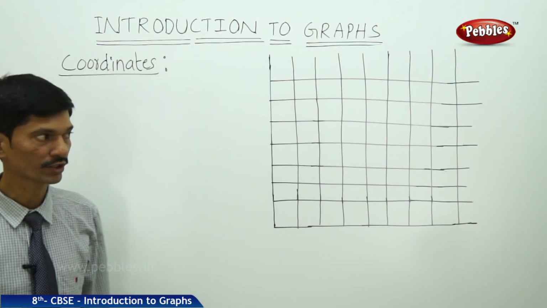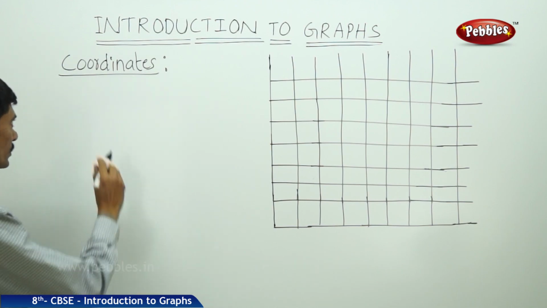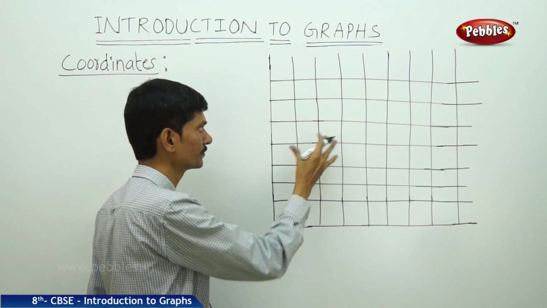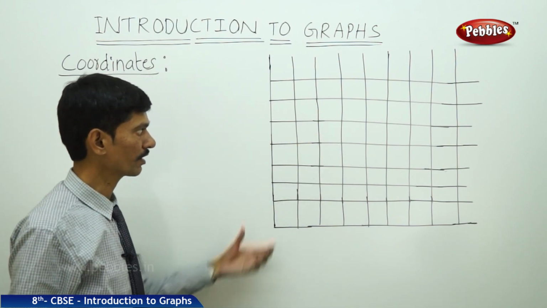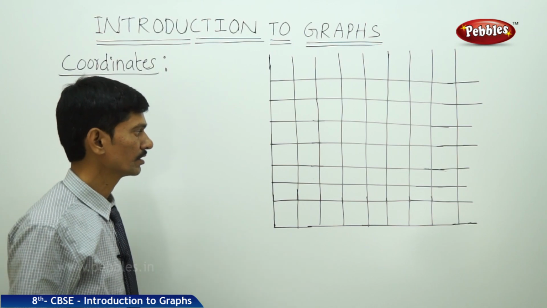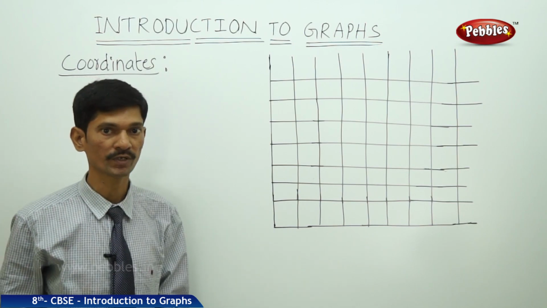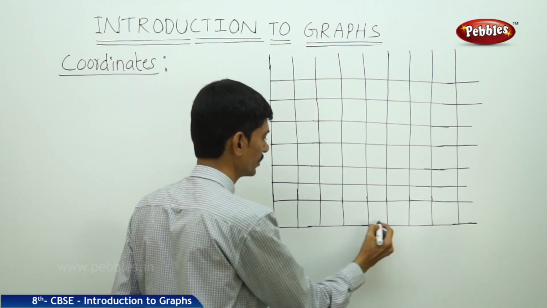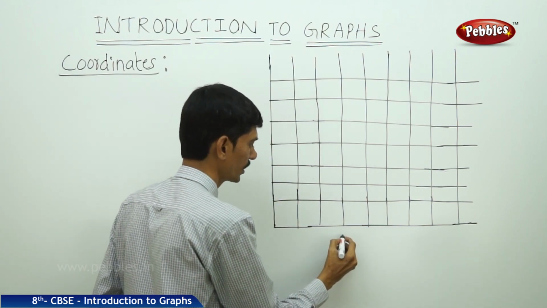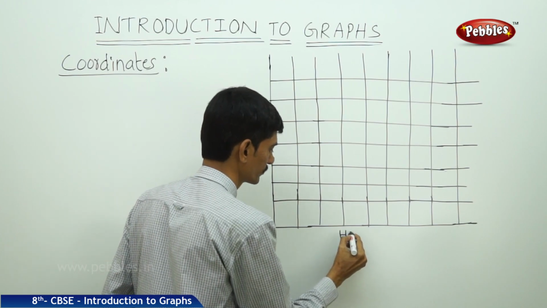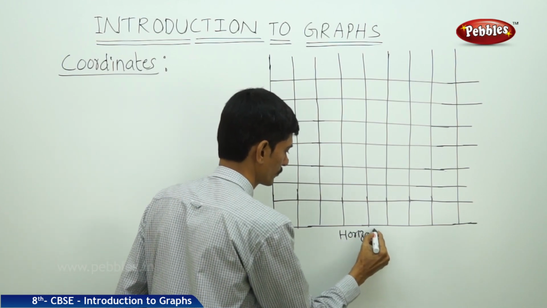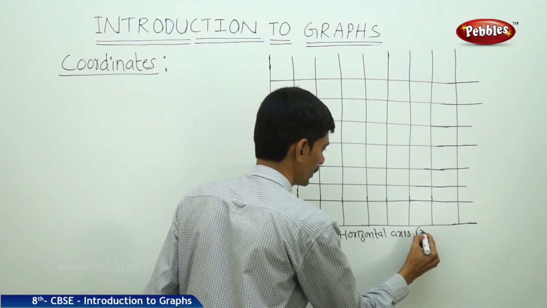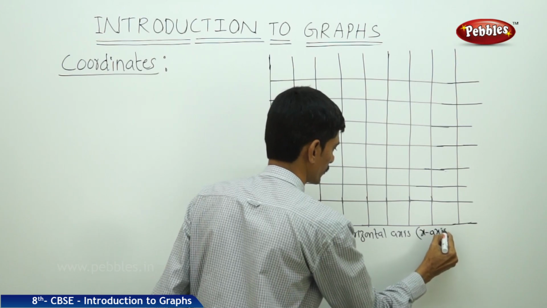Now let us discuss what the coordinates of a point are. If you take any graph sheet, meaning a square grid paper, this graph sheet is also called a coordinate plane or Cartesian plane. In this Cartesian plane, the horizontal line is called the horizontal axis or x-axis.